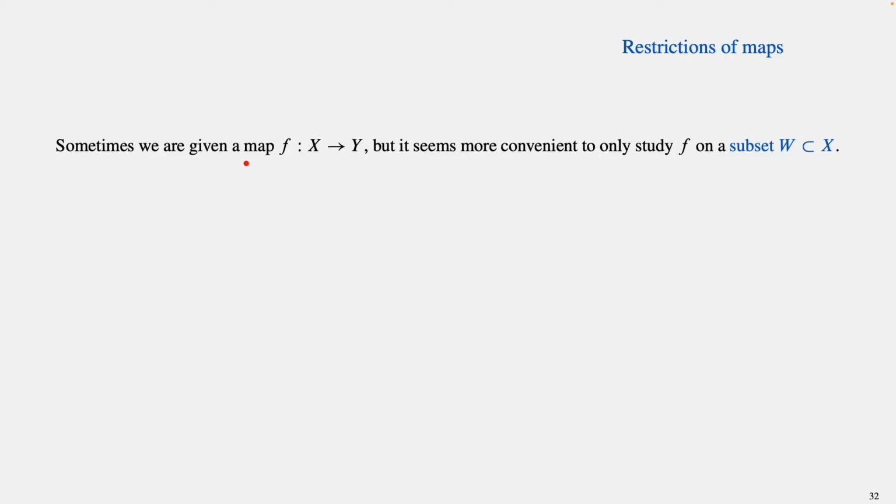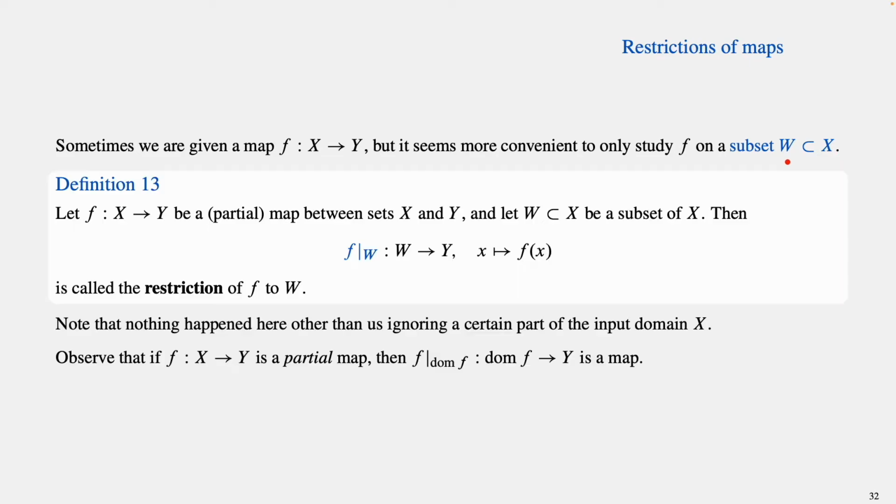Sometimes we are given a map f from a set X to a set Y, but it would be more convenient for us to only study the map f on a subset of X. Let's call it W. For this we have the following definition.